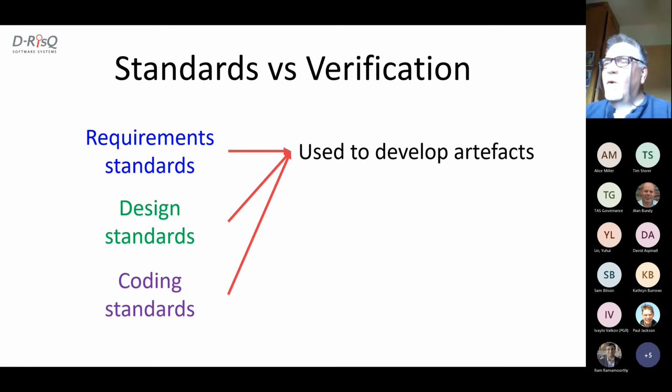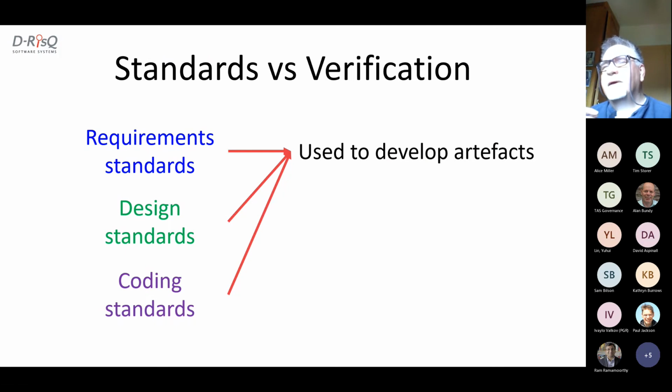What is less enforced are the requirement standards. The requirement standards that do exist tend to talk about the use of the word should or shall or will, or how you might phrase it in informal language, which is a bit like the code layout standard you might have for some coding standards.